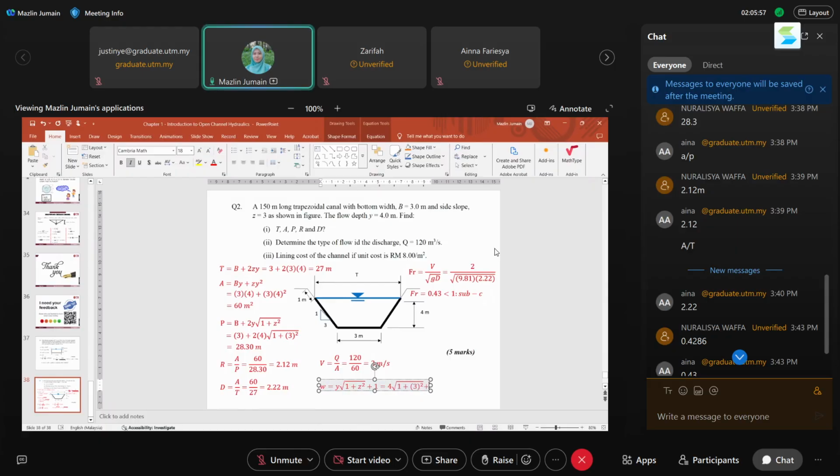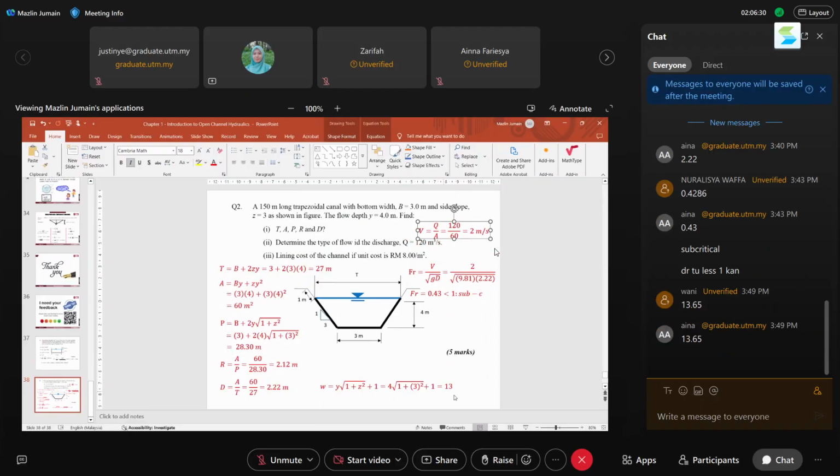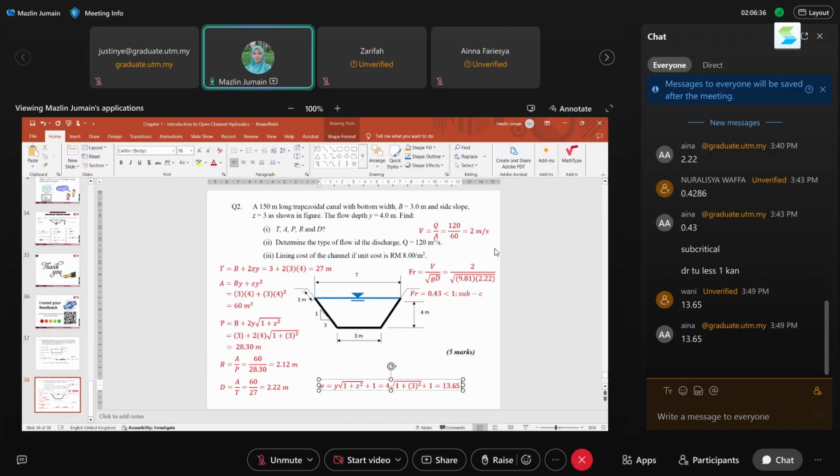Then here plus 1 lah. So the value for the side length equal to 13.65. Okay. So the unit is in meter.